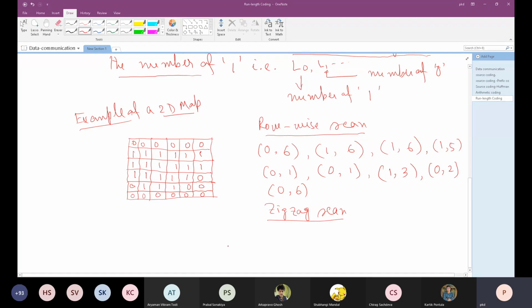So in case of zigzag, what will happen? It will go like this and come like this. This is zigzag.